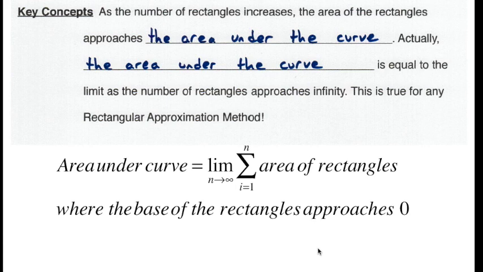There's one thing we need to specify here that's not written, which is that the base of all the rectangles needs to approach 0. We could have a rectangle that's not approaching 0 and still have an infinite number of rectangles. So it's not quite enough to say that there's infinitely many rectangles. We need to specify that the base of every single one of them is also approaching 0.